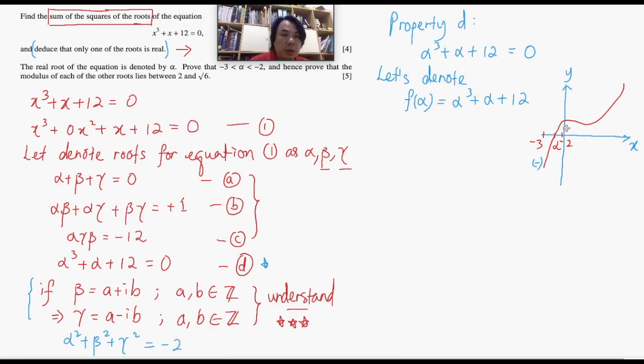If I try to test the sign for the right hand side of the root, then most probably I'm going to get a positive sign here. So you can see that if the root is lying between here, there must be a change of sign, or else this will not be a root.